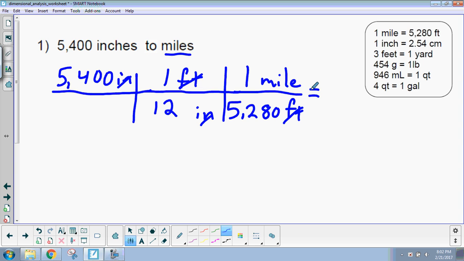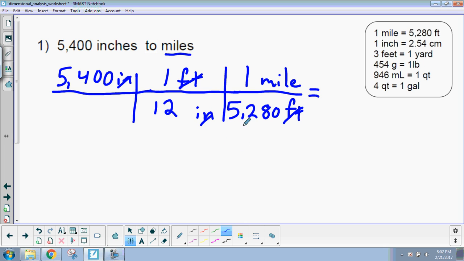Notice the ones across the top. It's not going to change anything. So I'm going to use my fraction key, and I'm going to go 5,400 all over 12 times 5280. Hit enter. Give me a decimal.